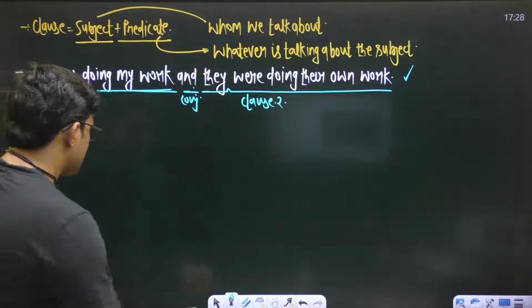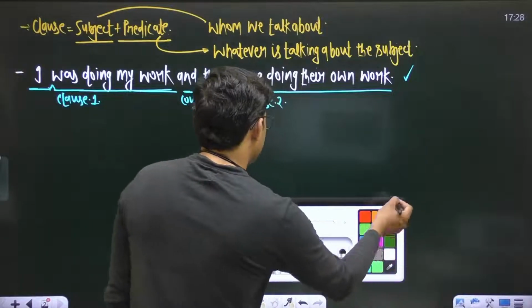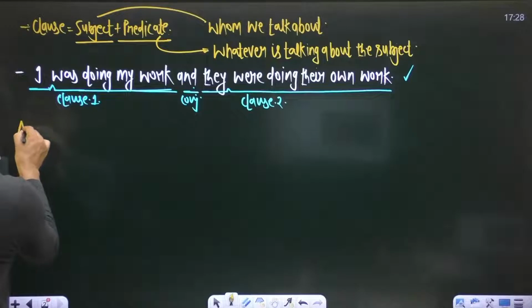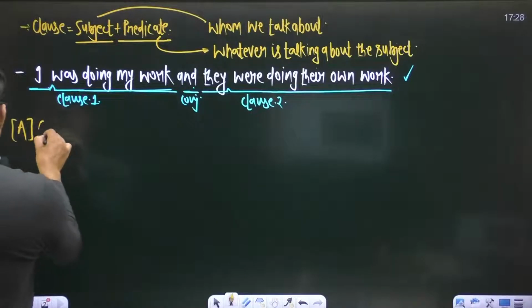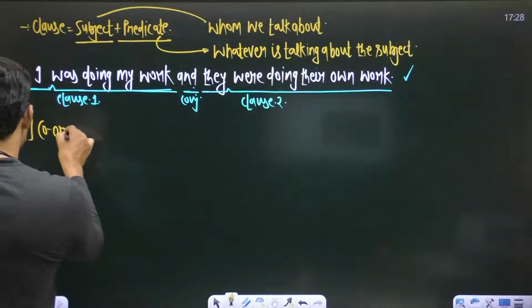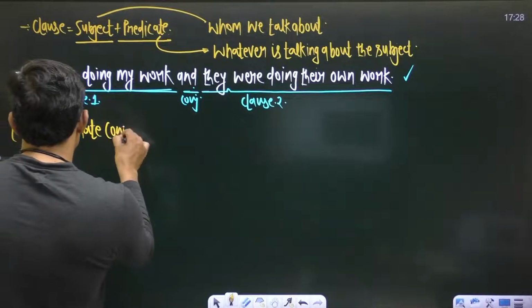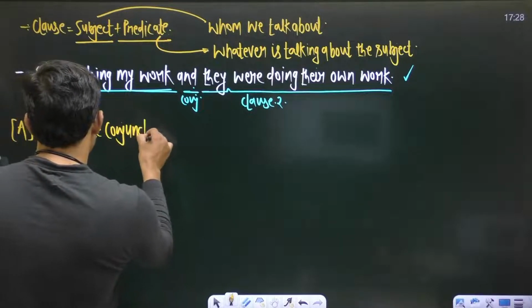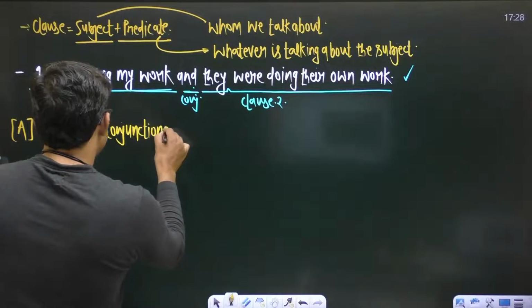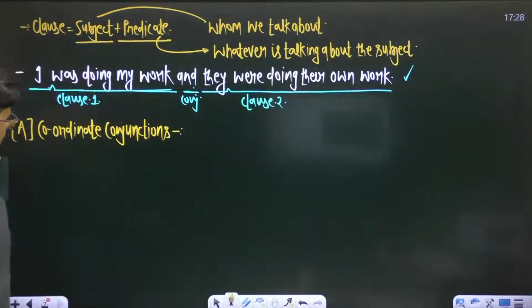So let us discuss the types of conjunction, and the first type is coordinate conjunctions. Do you know the meaning of coordinate?